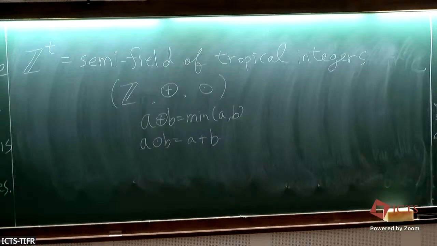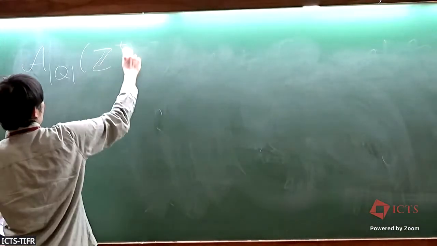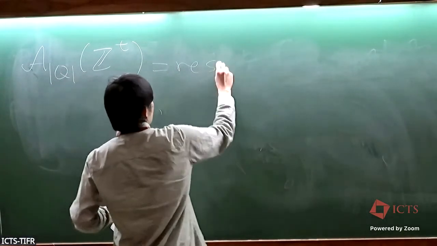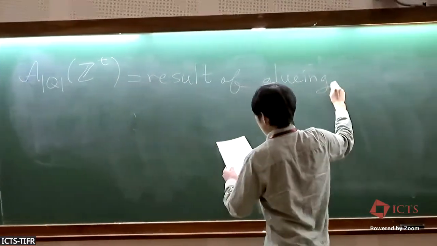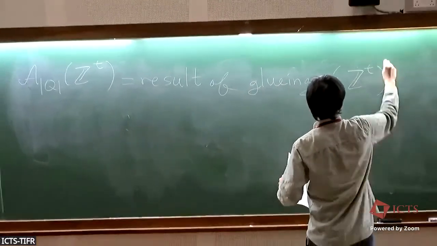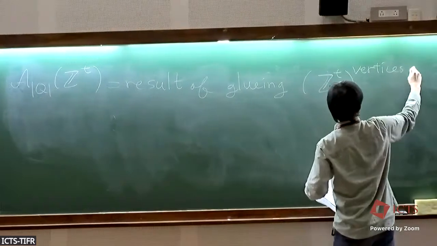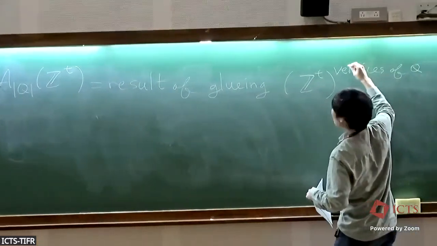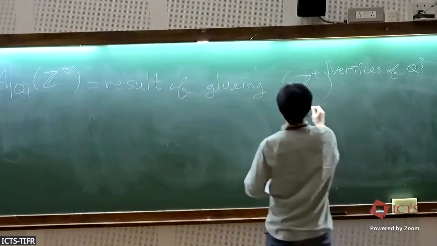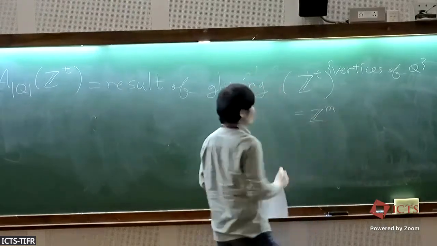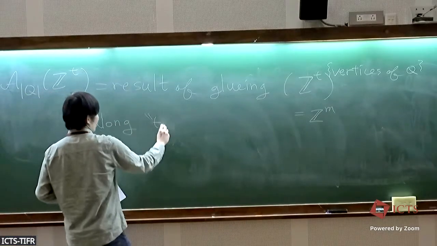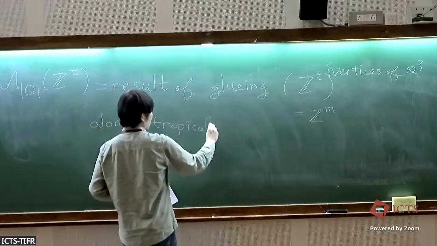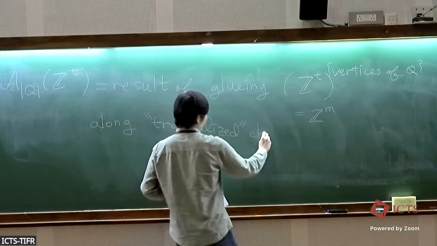So this set, which appears in the domain of that duality map, is the result of gluing Z^T to the number of vertices of the quiver, which is, as a set, just let's say Z^M, along tropicalized cluster A mutations.